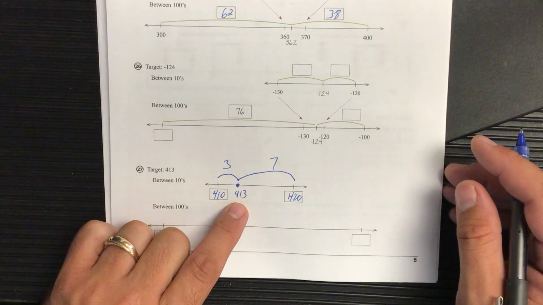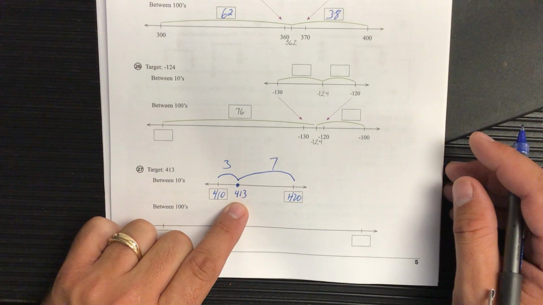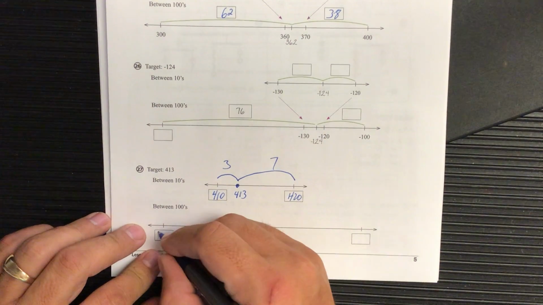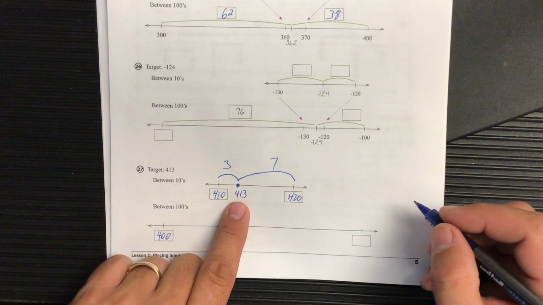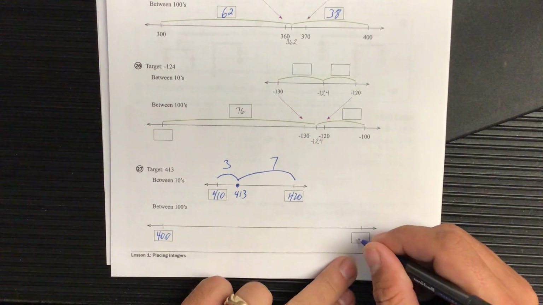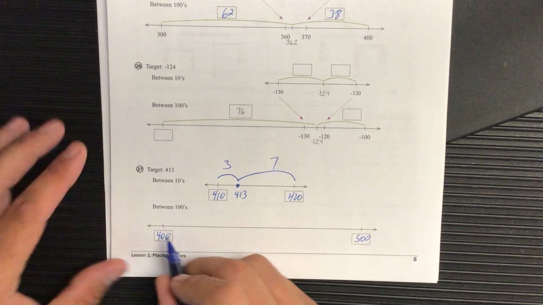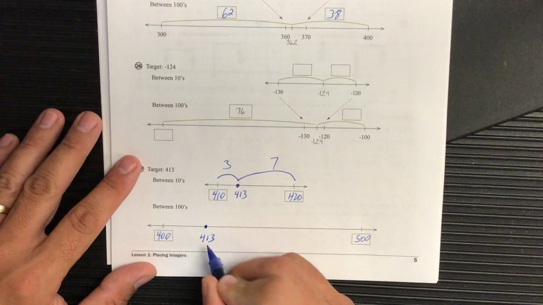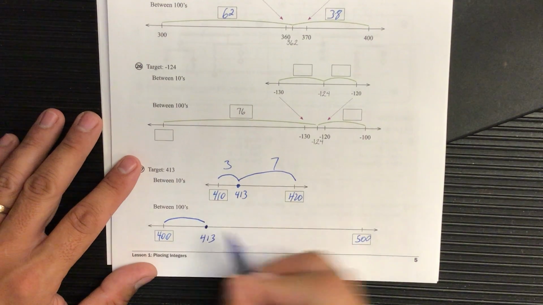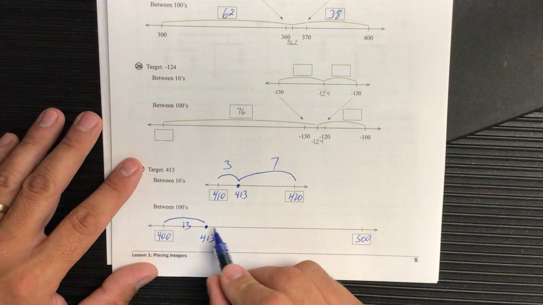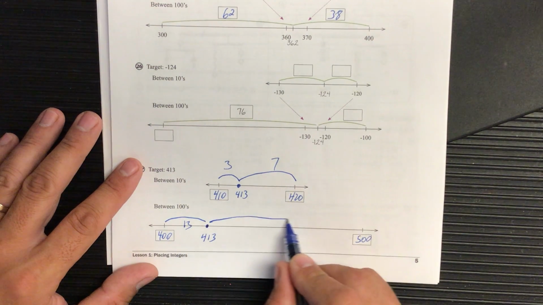Okay, the nearest 100 compared to 413. 400. The nearest 100 bigger than 413. 500. So 413 would be about right here, maybe? Distance? 13. Somebody other than Sean on this one.